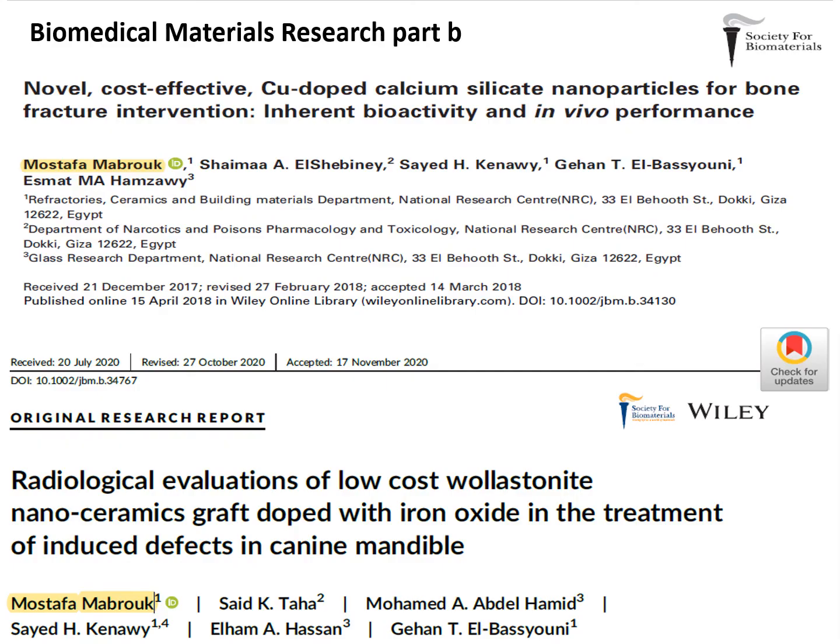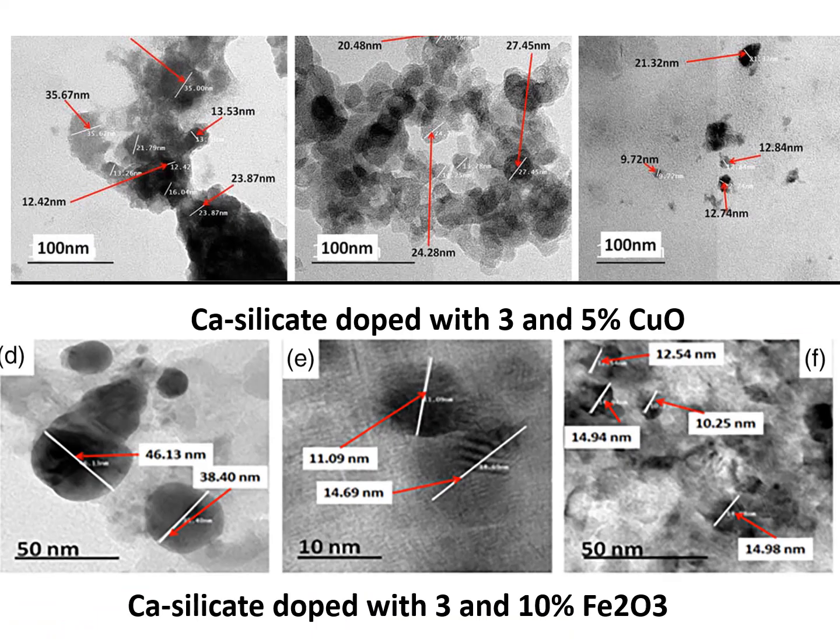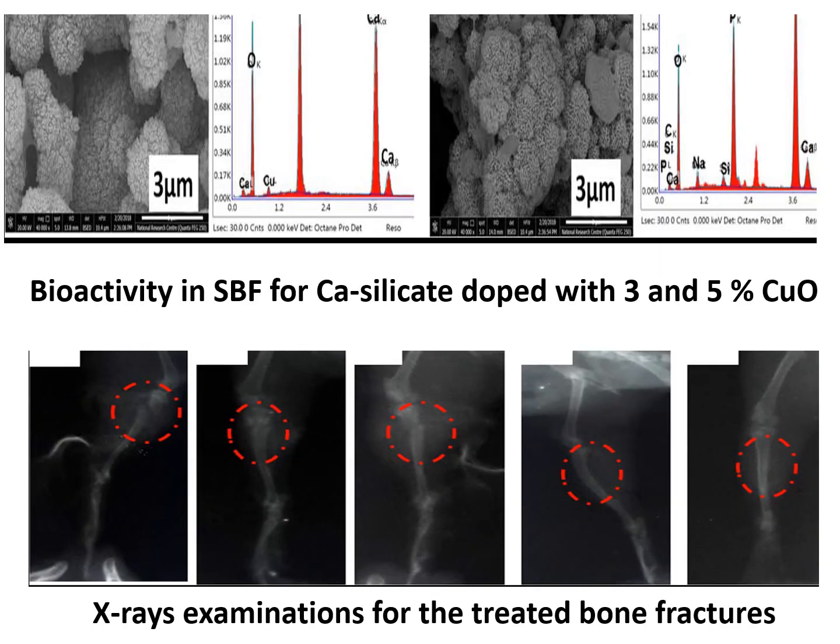Another two examples of our nanoparticles: this calcium silicate was doped one time with different concentrations of copper, and another time with different concentrations of iron oxide. And we can see that the morphology and the diameter of these nanoparticles is decreasing with increasing the dopant, as we can confirm here by the TEM images.